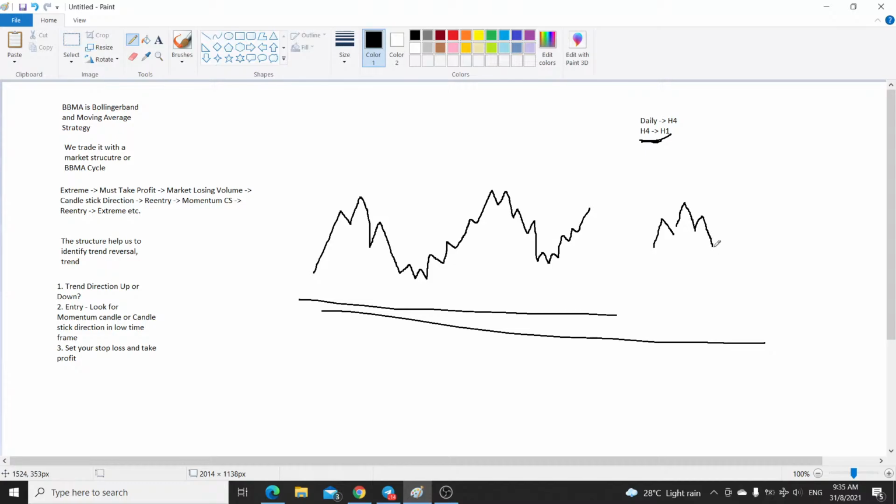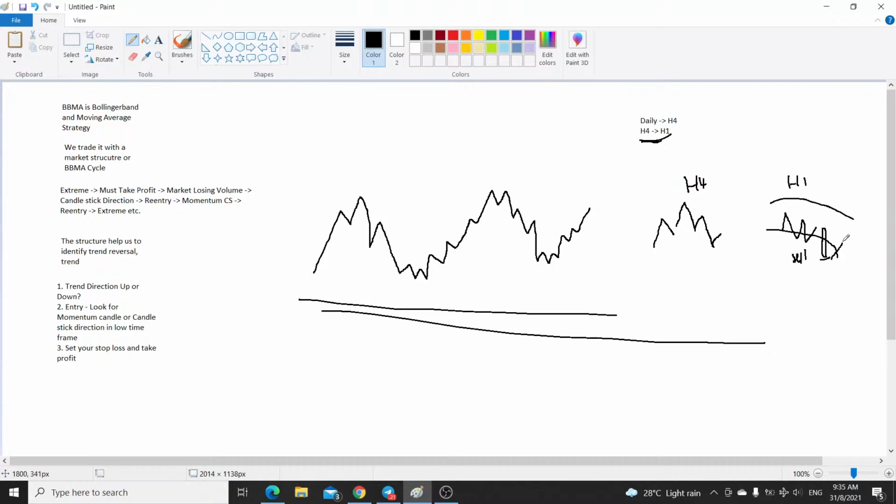So meaning when you see H4, okay, we got a momentum here, a re-entry here. So we got an H1, this is H4, right? So you got an H1, what do we do? This is your Bollinger band, right? We look for momentum candlestick. So we sell here.